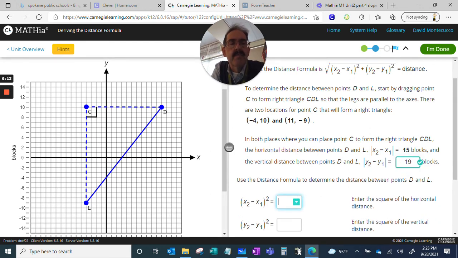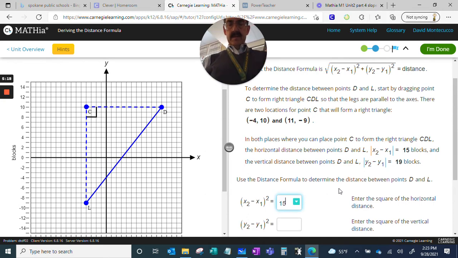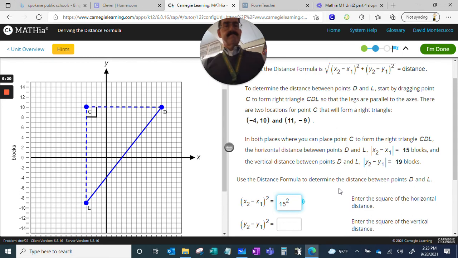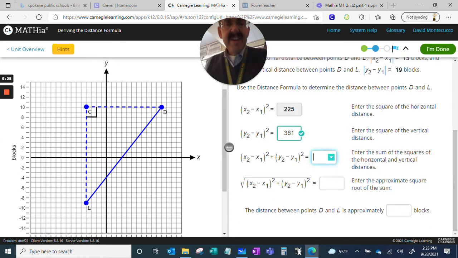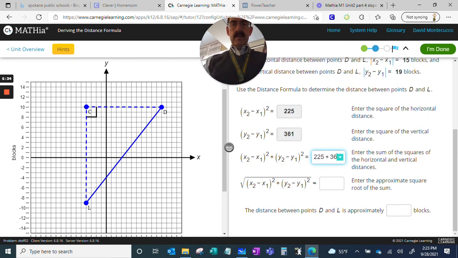So I'll enter the square of the formula, so that's 15 squared and 19 squared. Okay, add them together. And then take the square root of that.